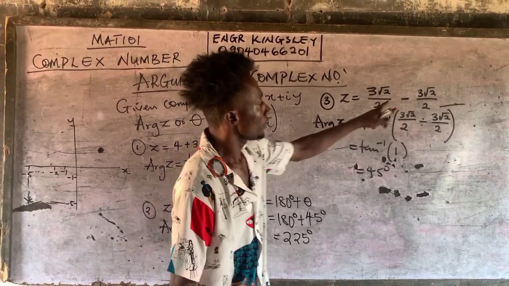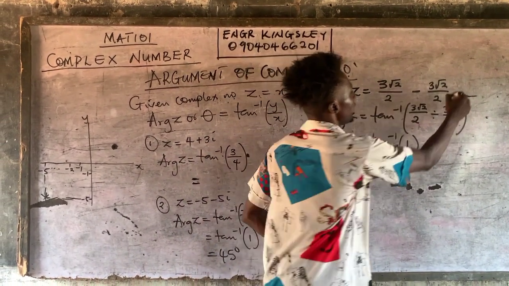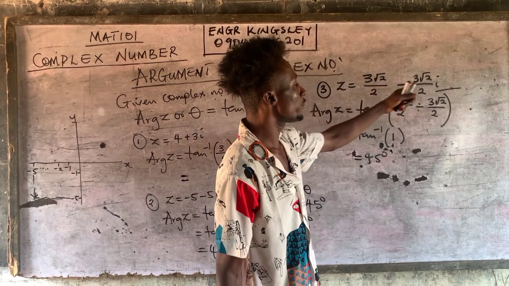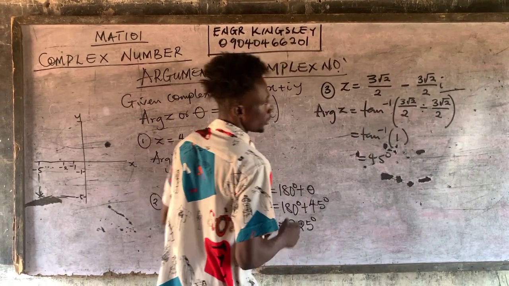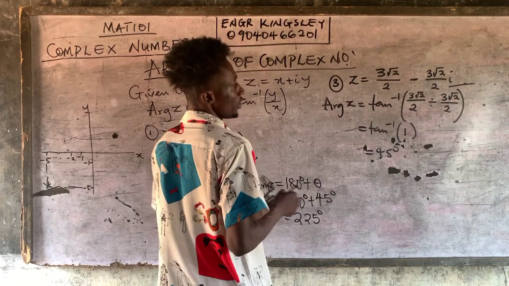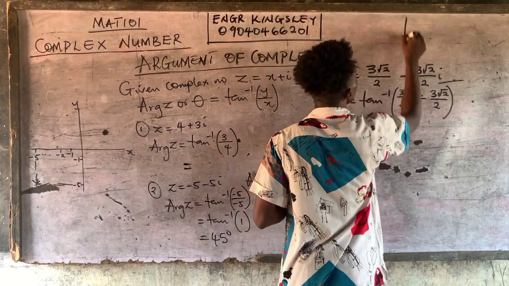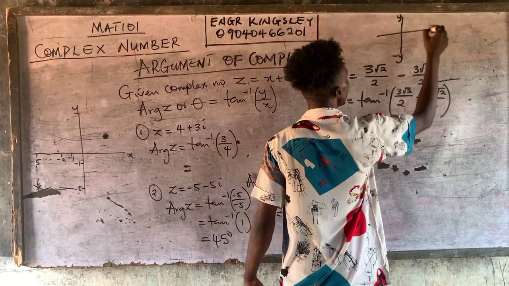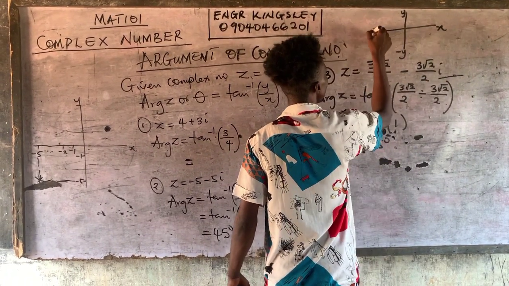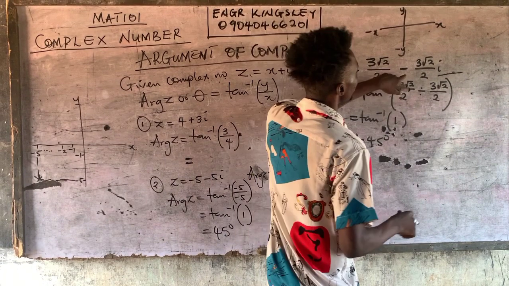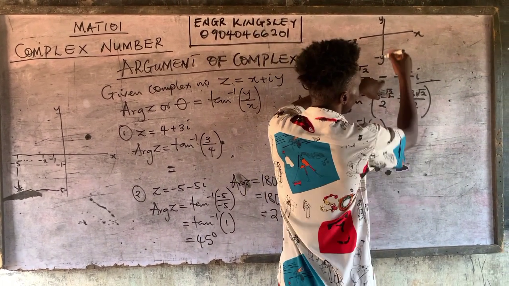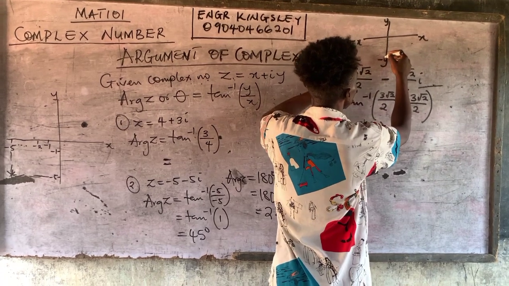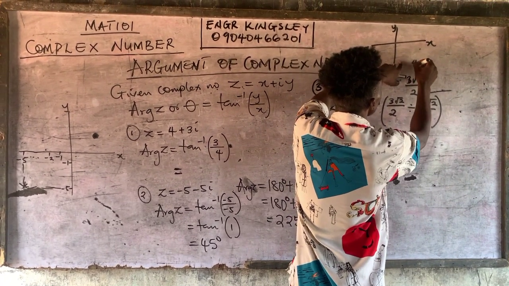Because the imaginary here is negative and the real is positive, you have to check the quadrant it belongs to. By graphing the function, you discover that here is my positive and negative imaginary, and here is my positive real and negative real. So anytime the imaginary is negative and the real is positive, that means it falls under the fourth quadrant.